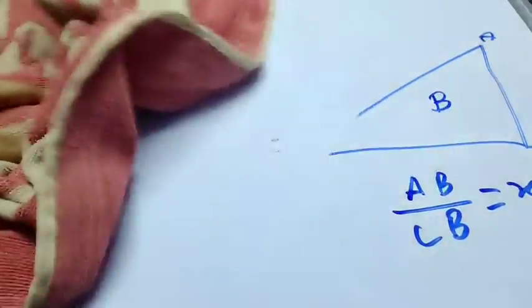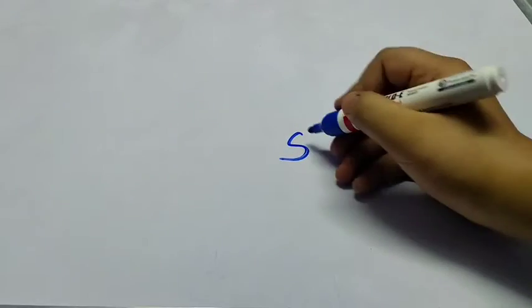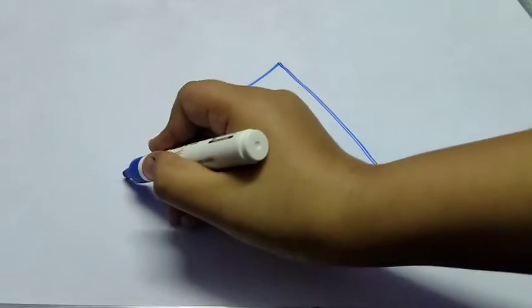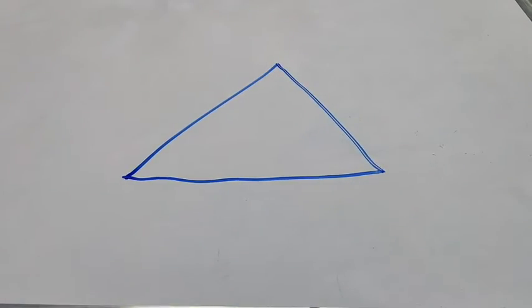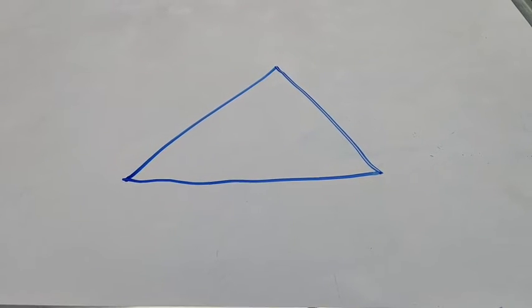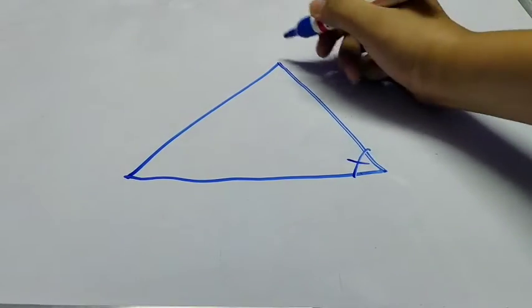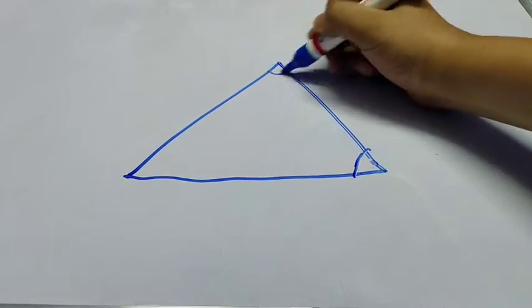Now we'll be seeing what these ratios are and what the values of these ratios are. And let me tell you, the ratios of the 30 60 90 and the 45 45 90-degree triangles are the same for every triangle. Let me make it easy for you to memorize. To memorize the ratios, we start off by making a 60-60 degree triangle, which is equilateral. Just now, as I have drawn the 60 degree triangle, let us mark it for you.